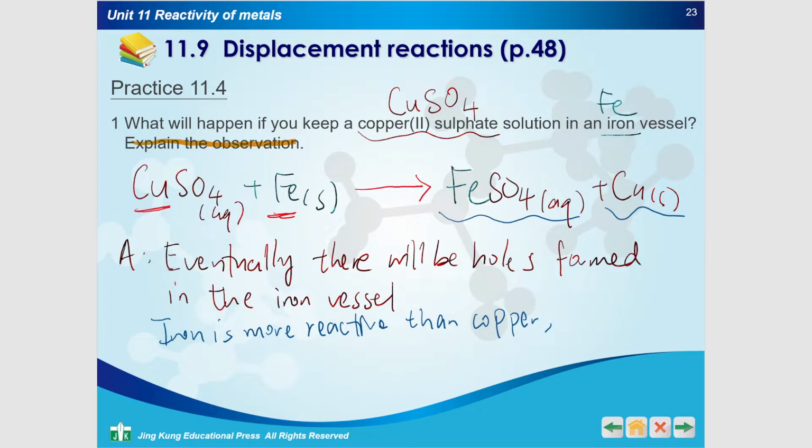Then you can write it will react with copper 2 sulfate to form iron 2 sulfate solution and copper. The main point should be that copper deposits on it. So iron is more reactive than copper, and a displacement reaction occurs.